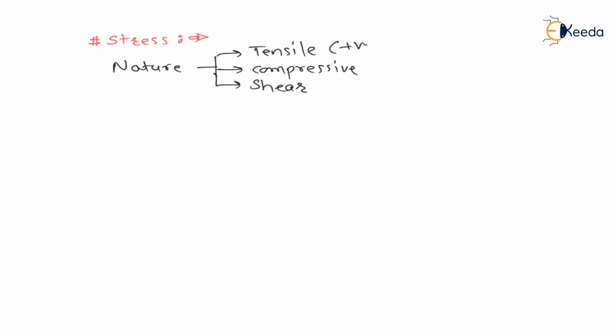Tensile stresses are considered positive stresses, and compressive stresses are considered negative stresses. If the applied force is tensile, then stress will be tensile. If the applied force is compressive, stress will be compressive. And if the applied force is shear to the area, then stress will be shear. So the applied force defines the nature of stress, but stress is induced due to the resisting forces.